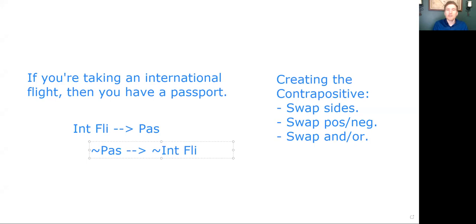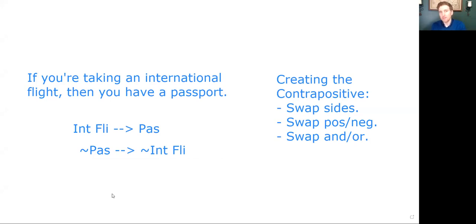Same deal here, tilde, because both statements were originally positive, so now they're going to need to be negative within that contrapositive. Also, when you're writing formal logic, it's usually a good idea to line up your arrows to make it easy to see what those first terms are, those if terms, because those are the ones that lead to more information. So the complete contrapositive here would be if you do not have a passport, then you are not taking an international flight.